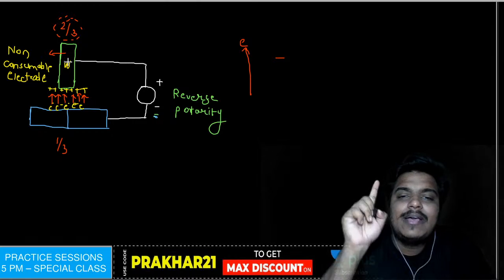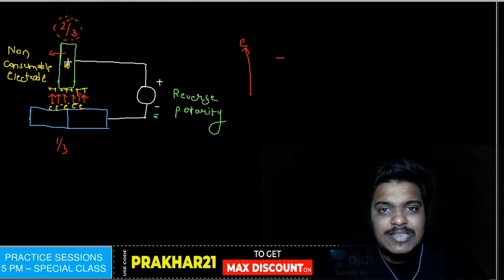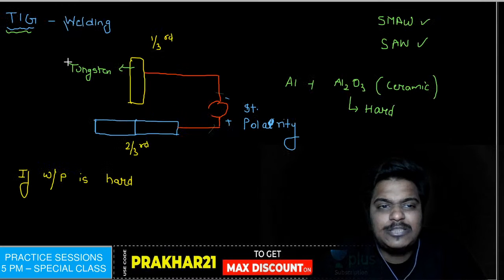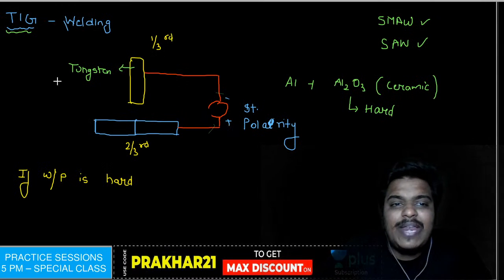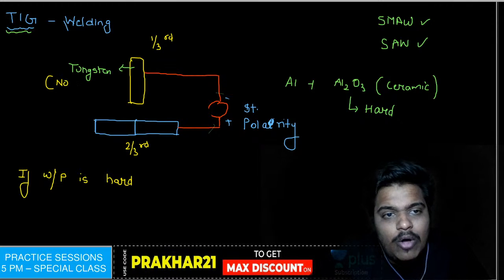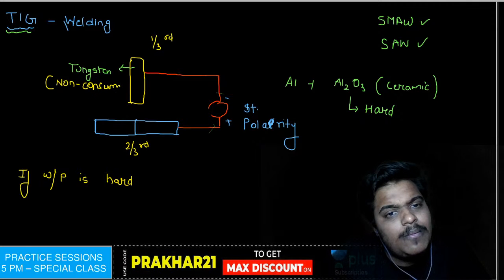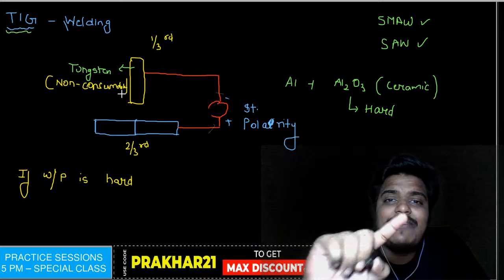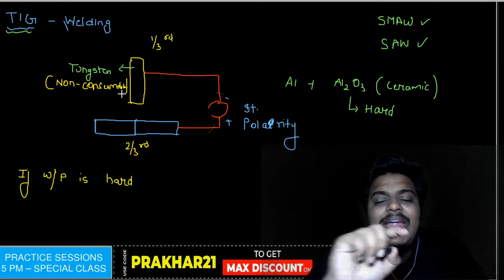So that is why the electrode is made of tungsten when we are using the reverse polarity. Whenever we want our electrode to act as a non-consumable electrode, we make it of tungsten, and tungsten has a high melting point. That is why it is used.